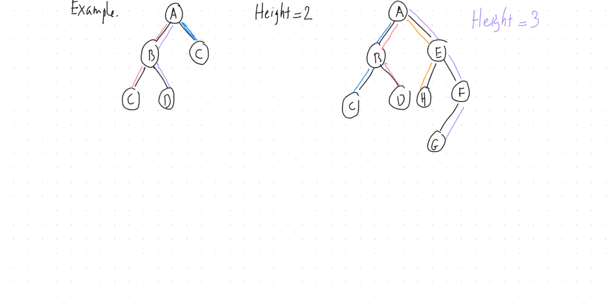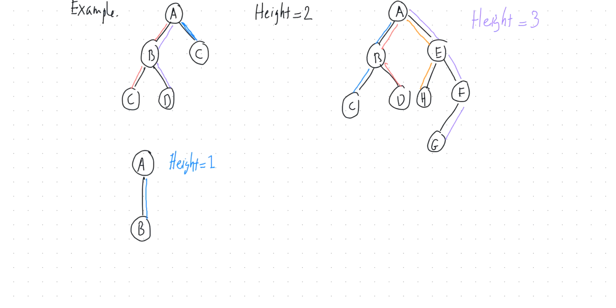So another example is this binary tree with only 2 nodes, A and B. So A is the root, there's only one leaf, which is B, and there's only one path from the root to a leaf, which is this path here, which consists of one edge only. So the height of this binary tree is 1. So it takes traversing only one edge to get from the root to the leaf.